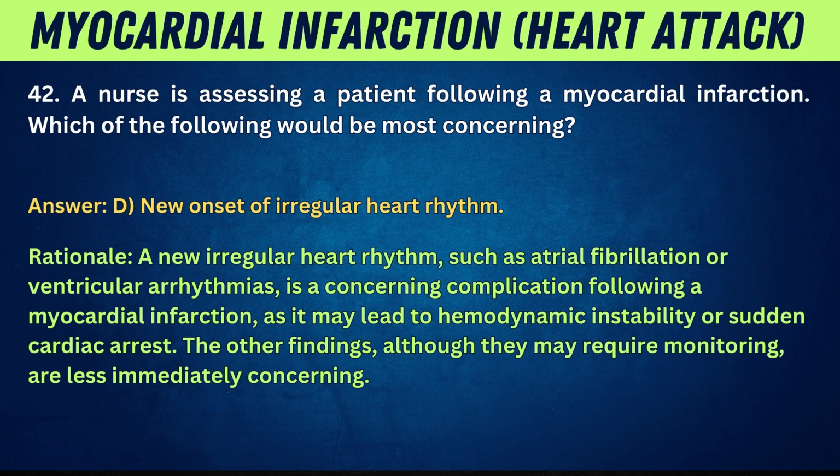Answer: D. New onset of irregular heart rhythm. Rationale: a new irregular heart rhythm, such as atrial fibrillation or ventricular arrhythmias, is a concerning complication following a myocardial infarction, as it may lead to hemodynamic instability or sudden cardiac arrest. The other findings, although they may require monitoring, are less immediately concerning.